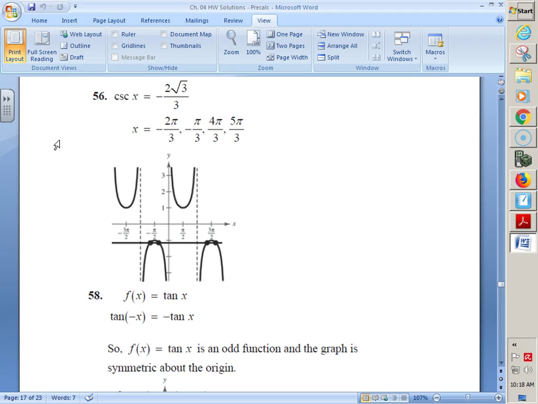Why is negative 2 root 3 over 3 a unit circle number? Isn't this one of my special sines and cosines? It's a reciprocal. 2 over rad 3. But what do you still have to do? Rationalize. And so when you rationalize, this is one of our unit circle-y ones.